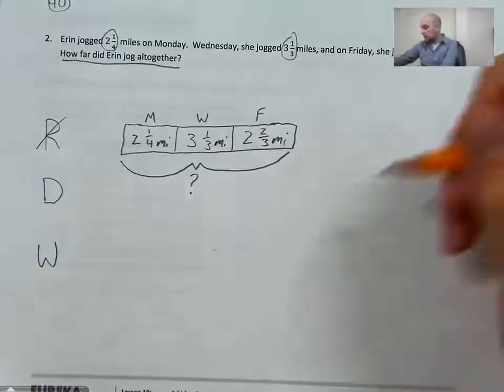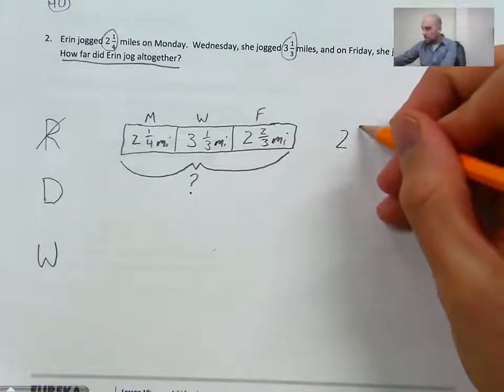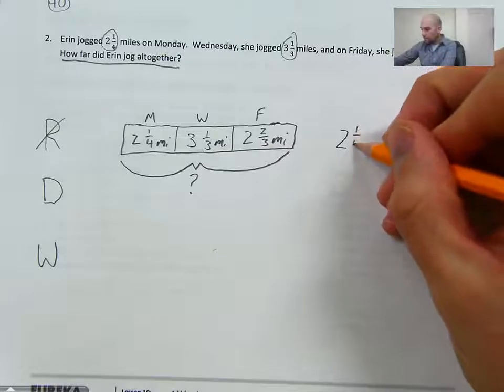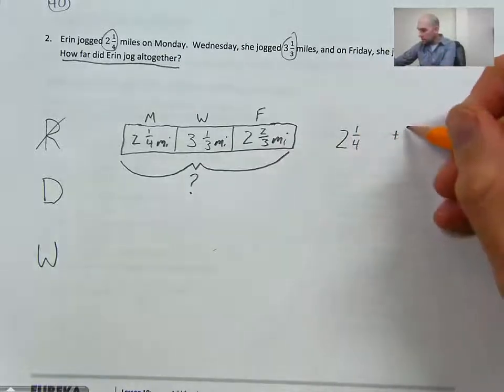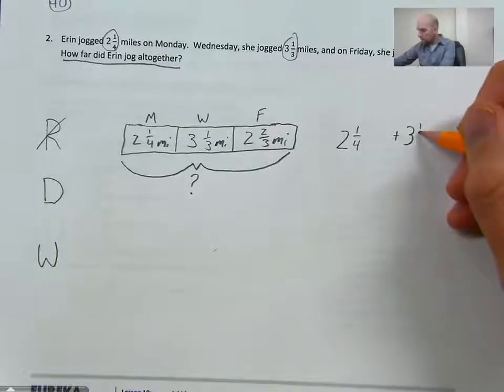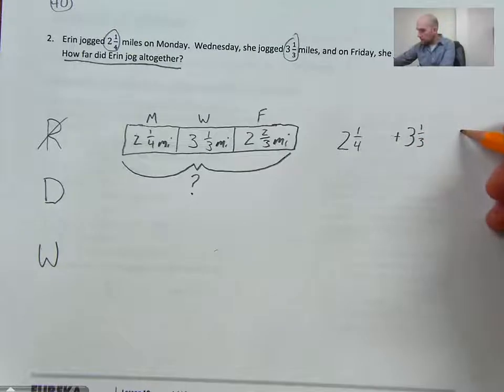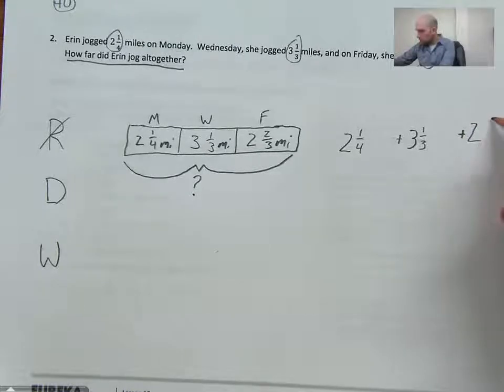So we are adding. I'm going to do 2 1/4, give myself some space, plus 3 1/3, give myself a little space there, plus 2 2/3.